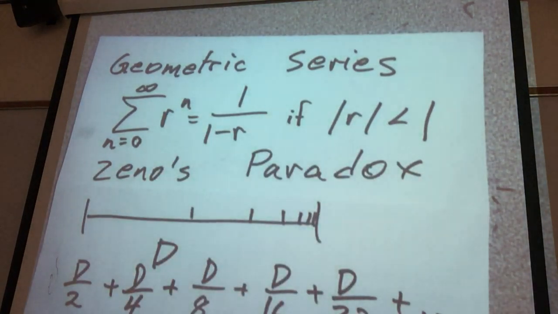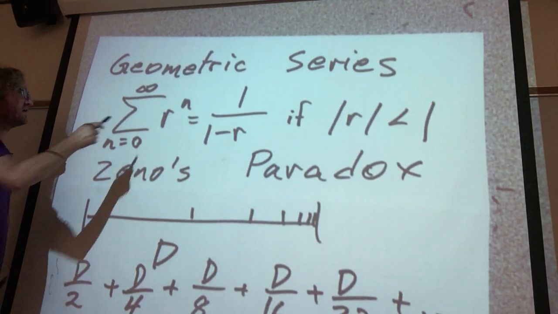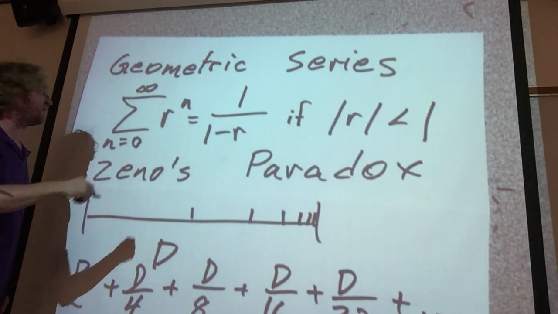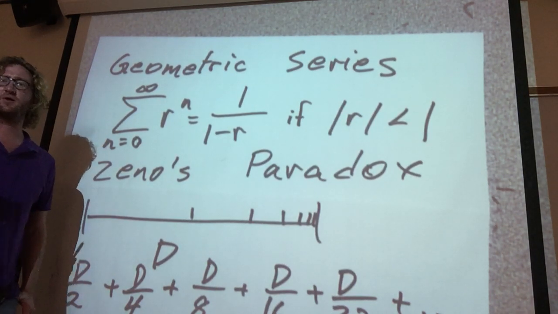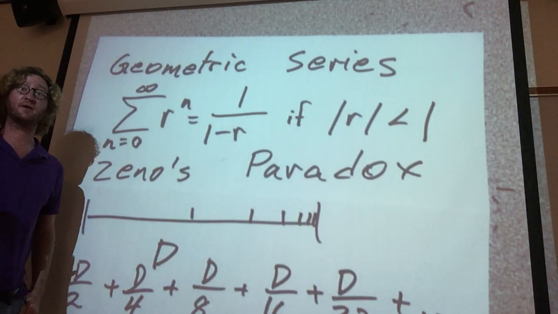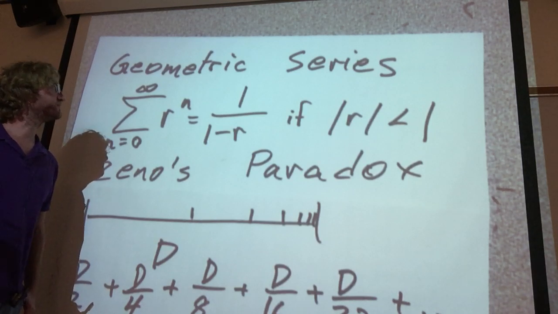If we start the infinite series at n equals 0, what we are going to end up with is whatever number we have in here to the 0, in this case 1/2 to the 0, which is really 1. So I have to actually begin with 1 if I want to use this formula.